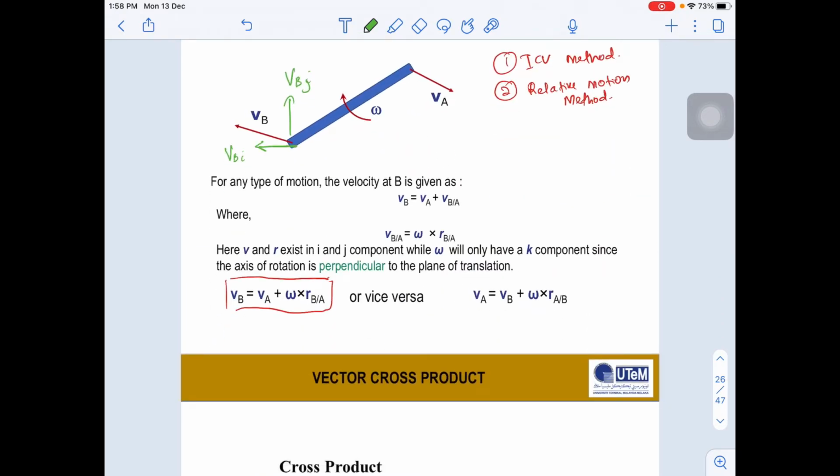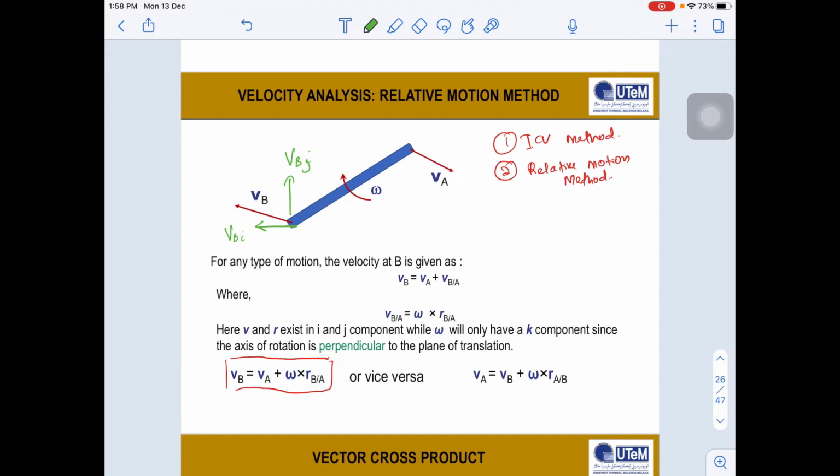Same here, you should have VAI and VAJ. For omega the unit vector is K. Counterclockwise is positive, clockwise is negative. So this is clockwise, so you should have negative omega K.